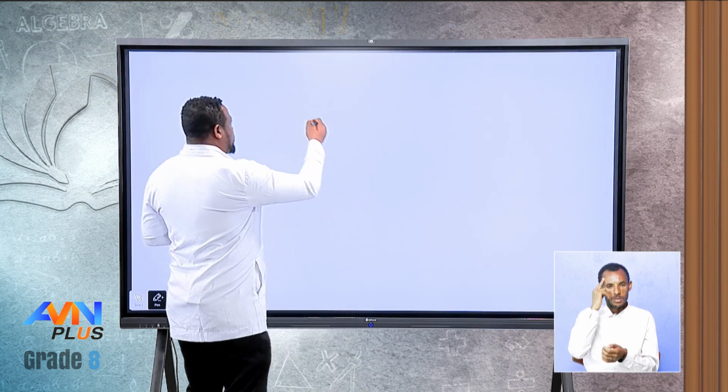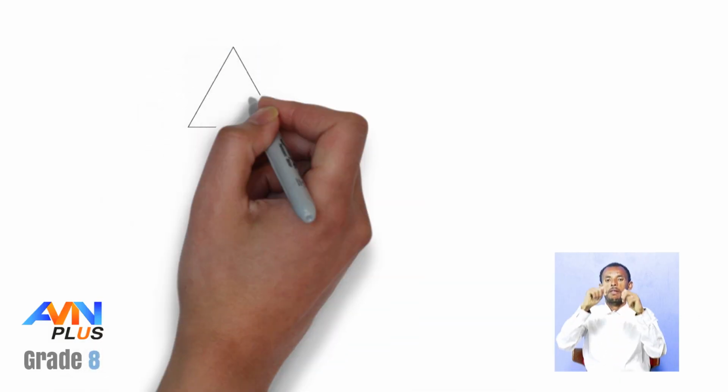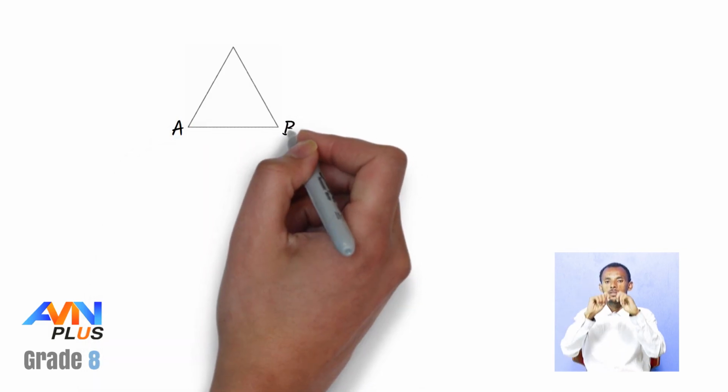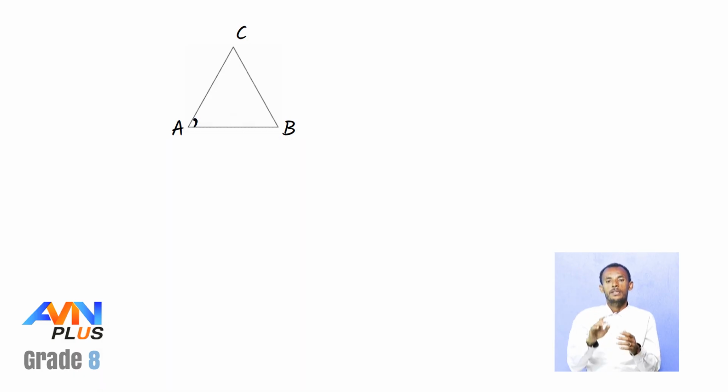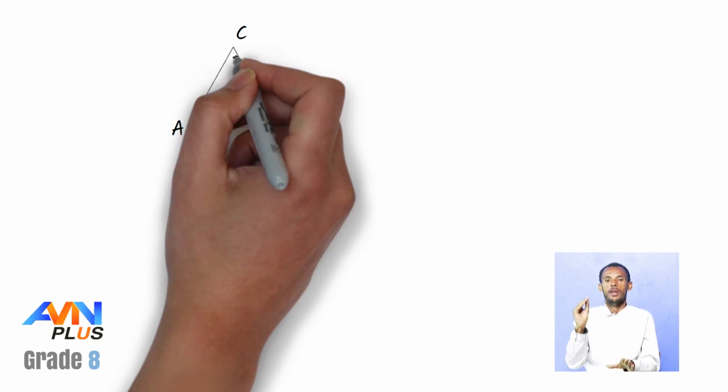Suppose we have a certain triangle ABC. The triangle has vertices A, B, C. Say the interior angles are alpha, beta, and theta, okay?